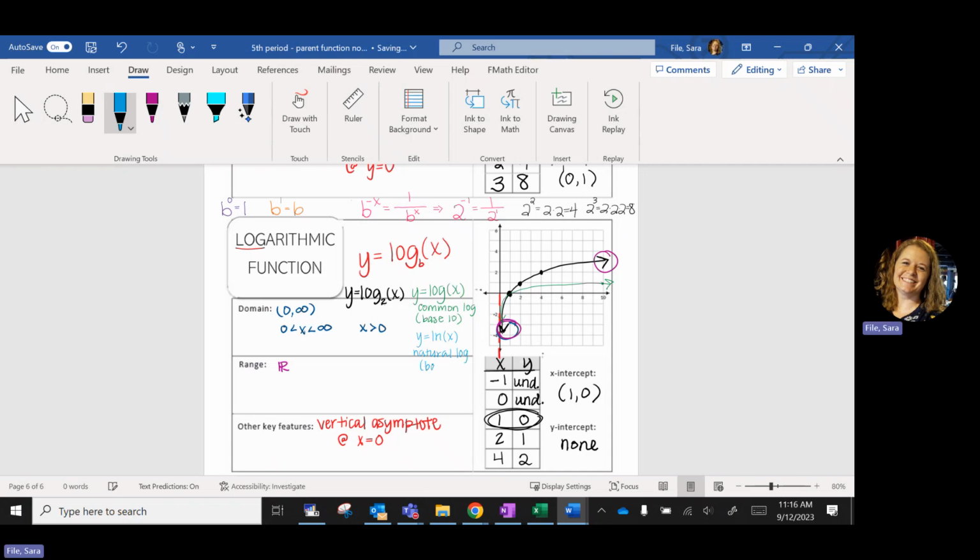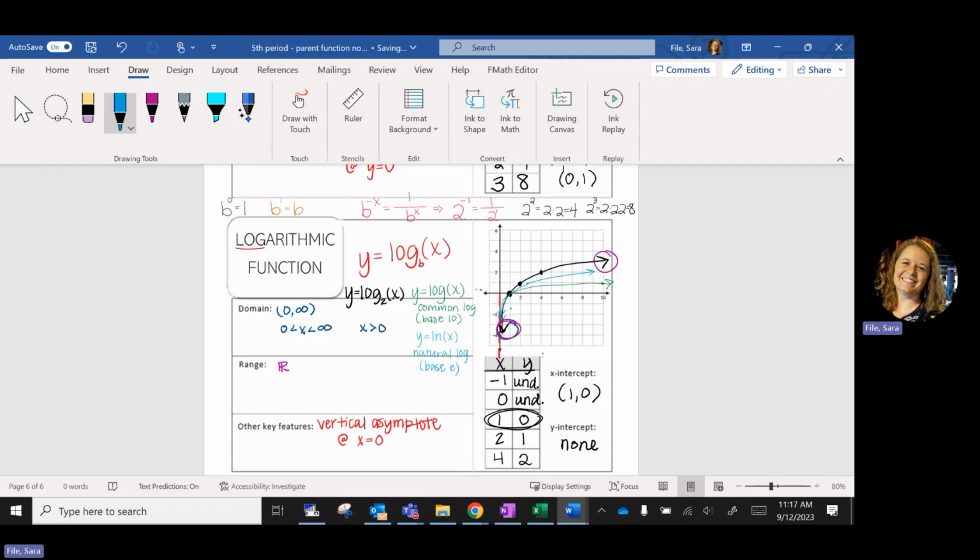That is your base e, which is 2.7-ish, so it should be in between, at 1. So it'd be right there in between them.